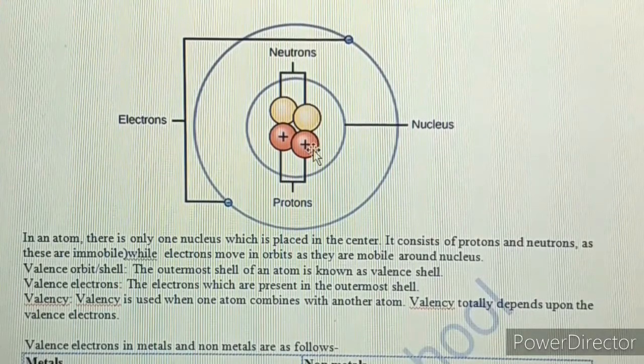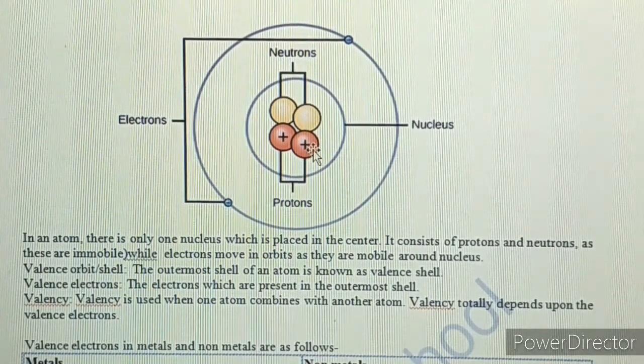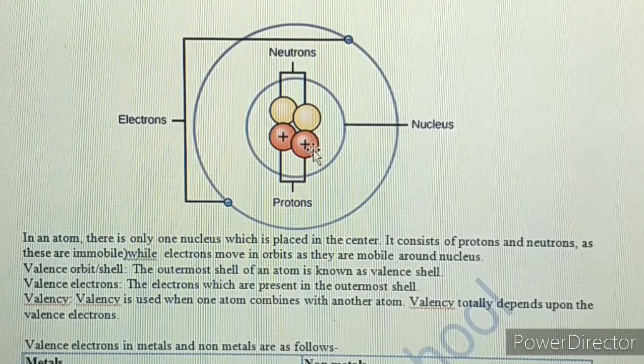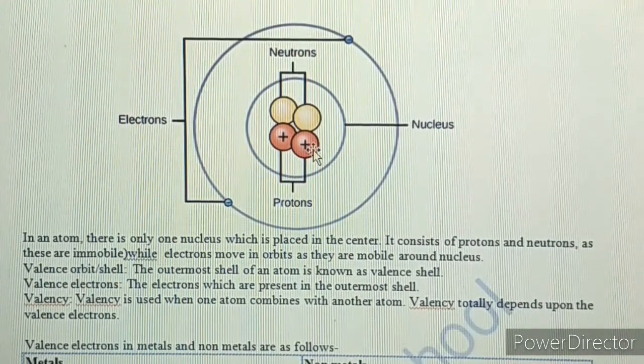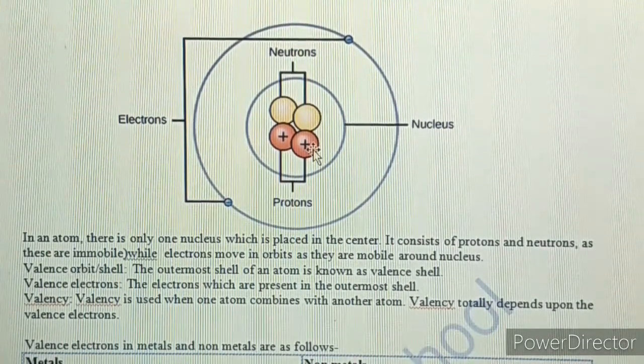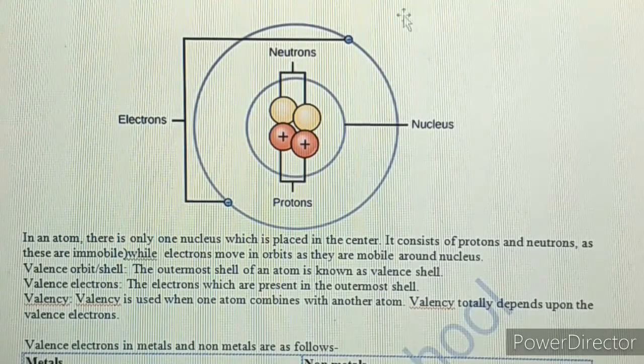The first atomic number element is hydrogen, the second is helium, the third is lithium, then the fourth is beryllium, boron, carbon, nitrogen, oxygen. Like that, they are placed in the periodic table. So according to that, there are a number of shells around the nucleus.